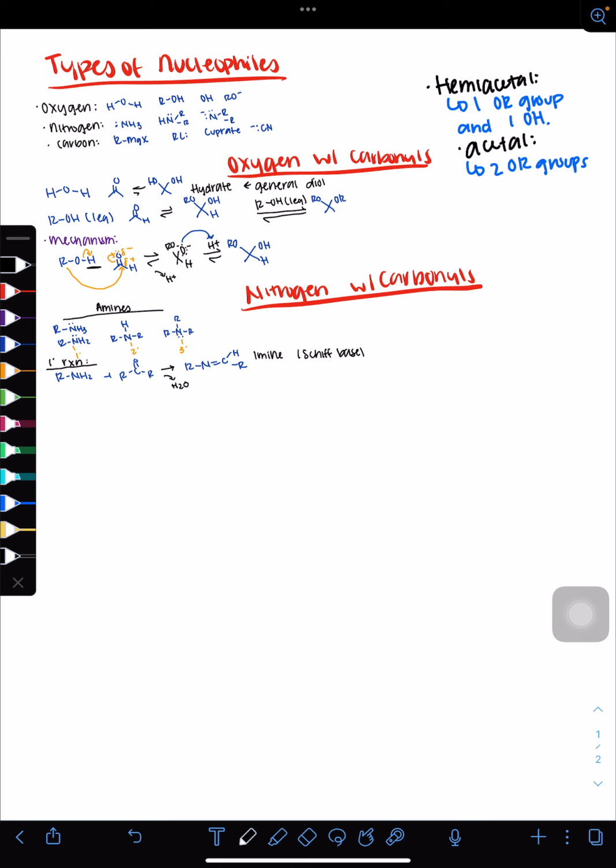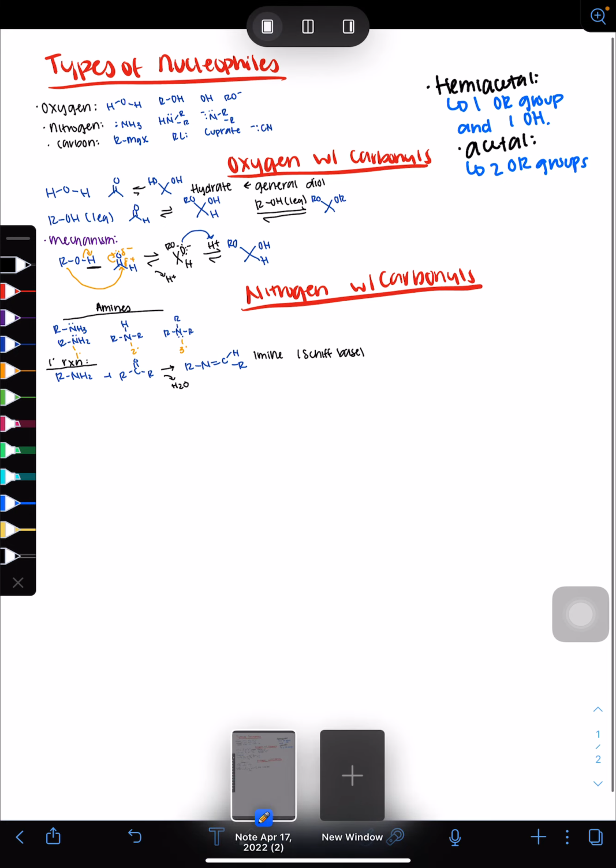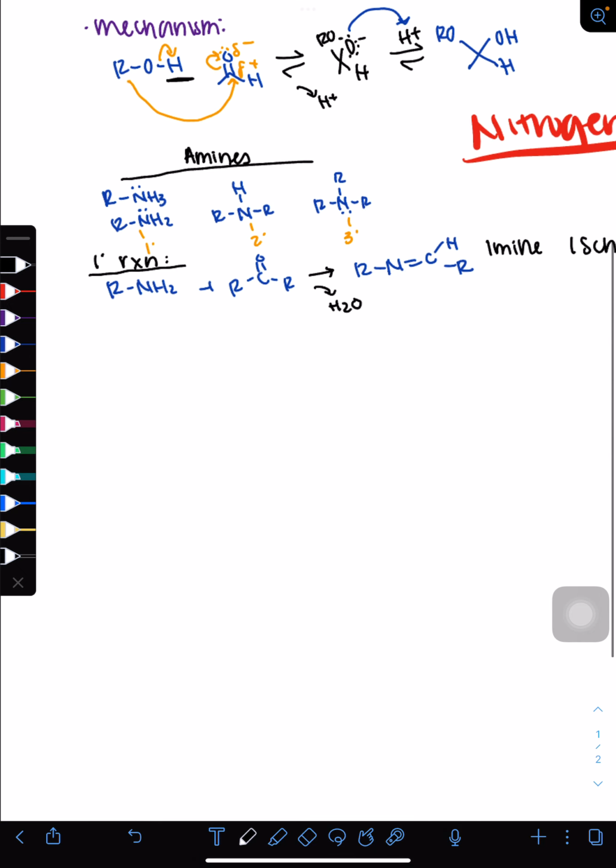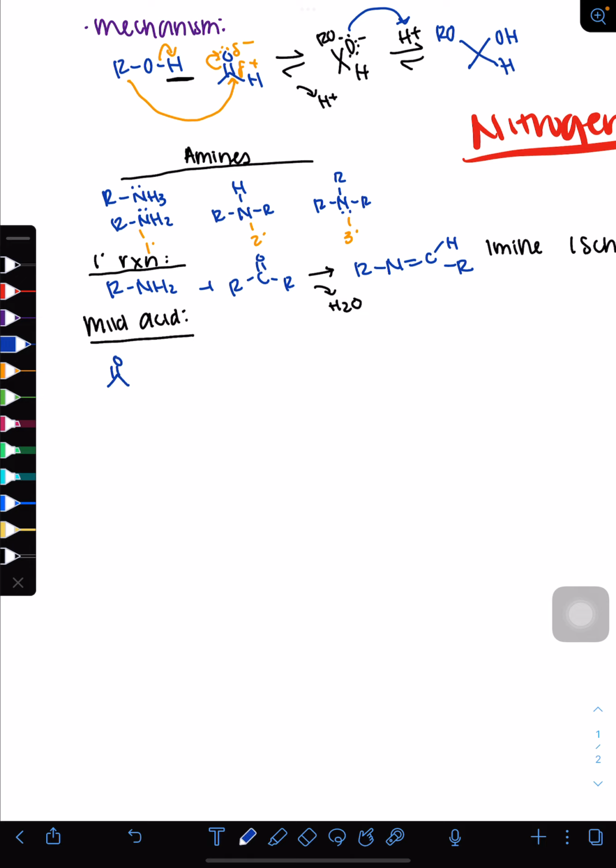And then I'll just show you a mild acid mechanism for nitrogens as well. So this is mild acid. So we have this ketone plus NH3. And then we have this H plus here.